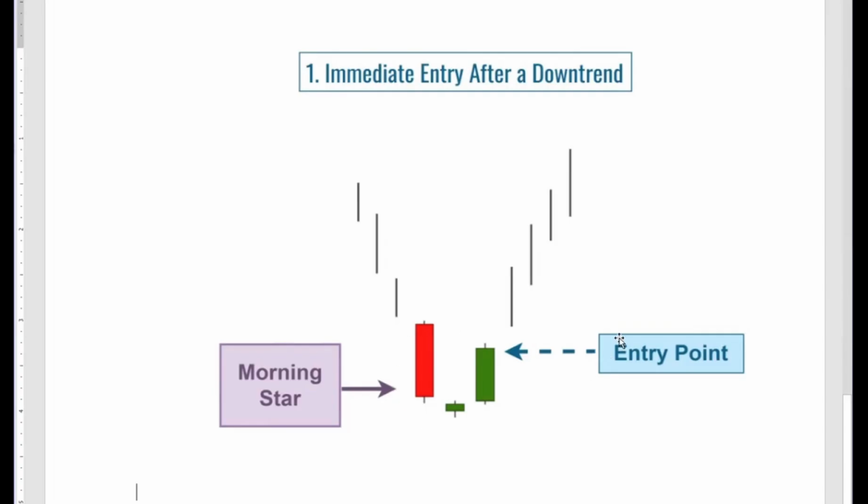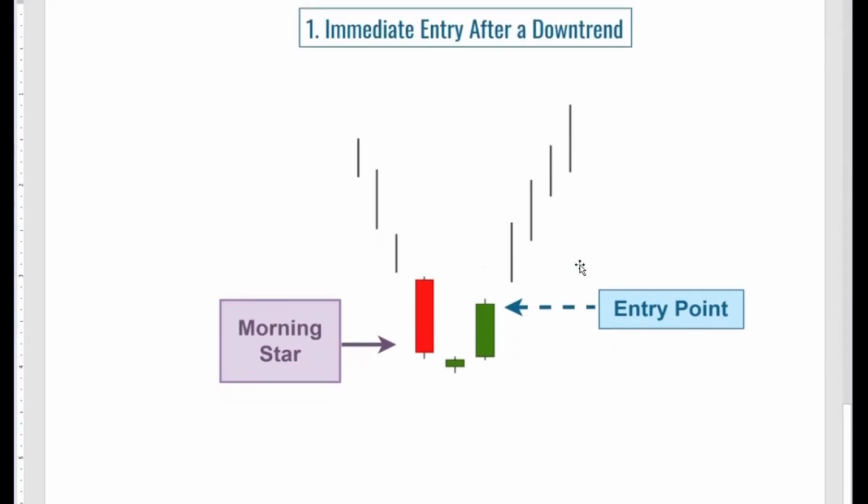When the morning star appears, you can enter immediately on the next candle forming after that. But the disadvantage is you are entering a position without further confirmation. So the risk reward ratio is balanced, right?